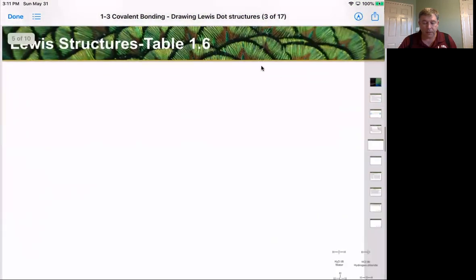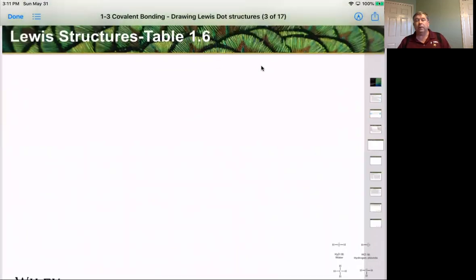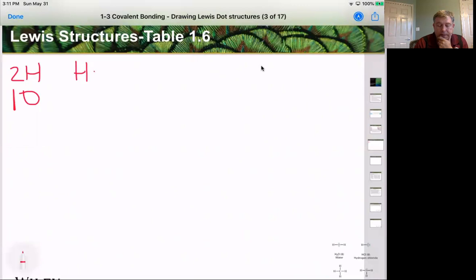So how can we use that to help us draw something? Let's start with something simple that we might know about. Let's say we have 2 hydrogen atoms and 1 oxygen atom, and we need to draw a Lewis dot structure, not knowing anything more than that we have those 3 atoms. Hydrogen has 1 electron on it.